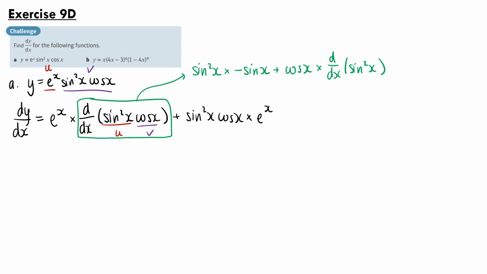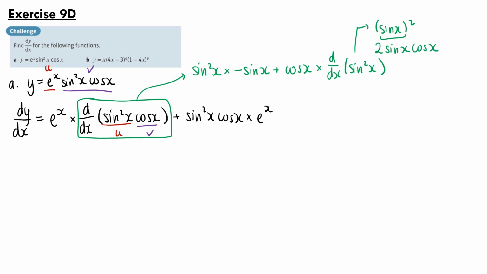So this is the same thing as sine of x all squared. So if we differentiate that, that's going to give us 2 times sine of x to the power of 1, or just sine of x, and then we need to times by the derivative of the inner function, this sine of x, which is cos x.